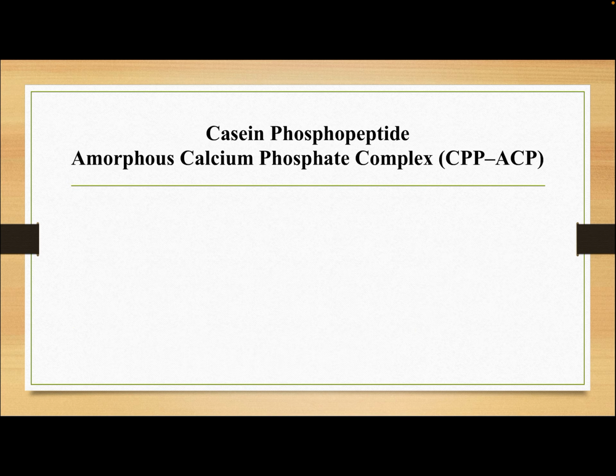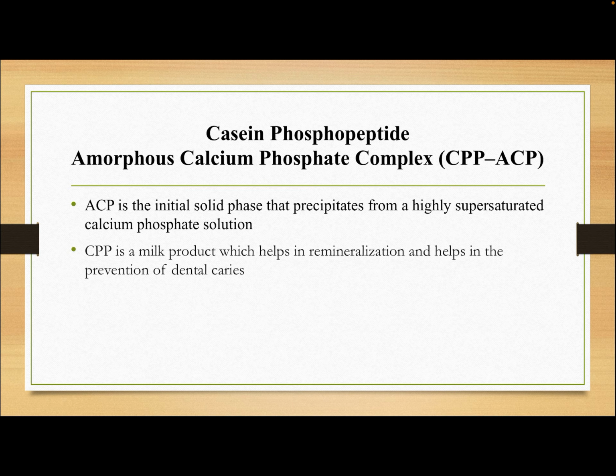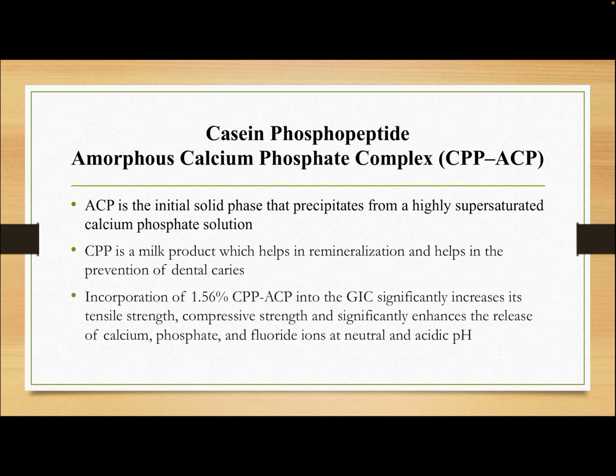Another advancement in the manufacturing of GIC is the introduction of casein phosphopeptide and amorphous calcium phosphate complex, short for CPP and ACP. ACP is the initial solid phase that precipitates from a highly supersaturated calcium phosphate solution, while CPP is a milk product which helps in remineralization and in the prevention of dental caries.